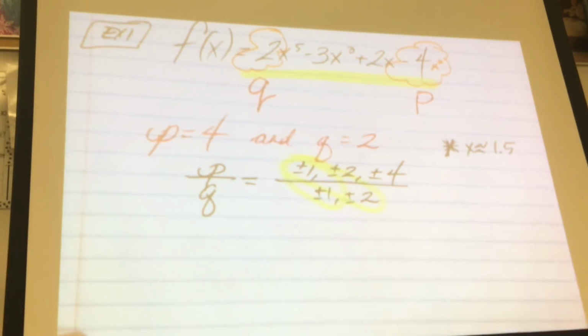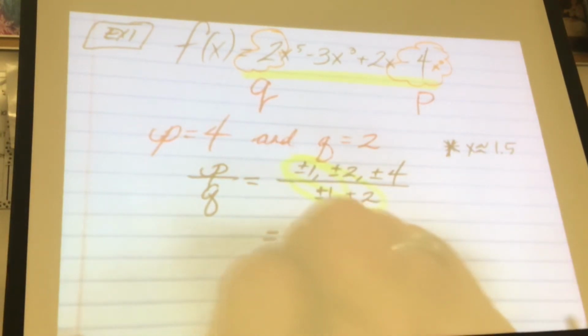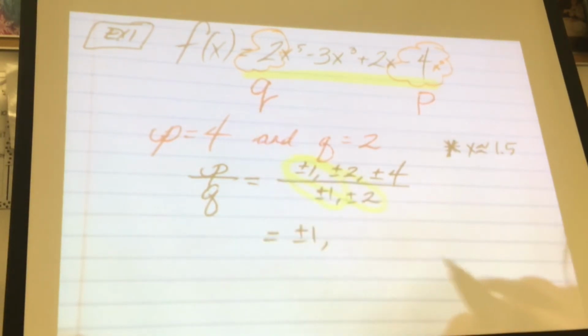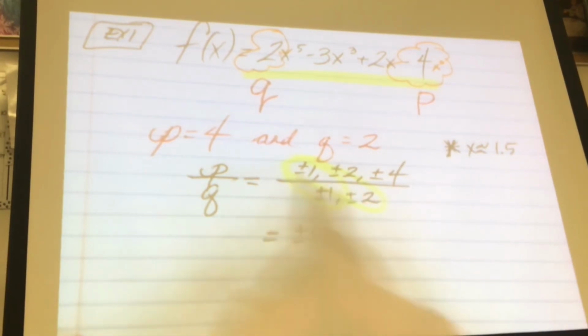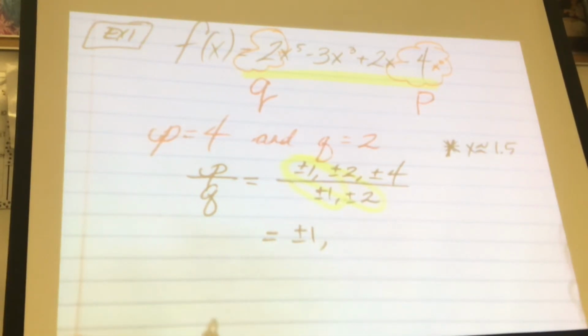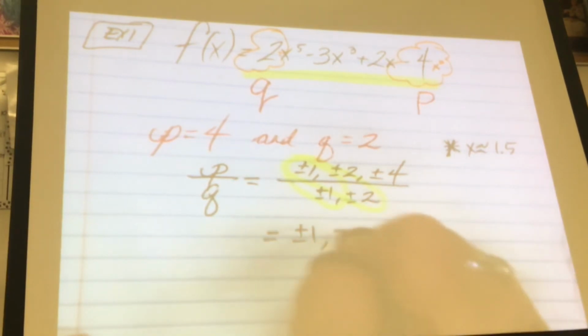Well, what is 1 divided by 1? Plus or minus 1. What's 1 divided by 2? You guys are scaring me. What's 1 divided by 2? 1/2, plus or minus 1/2.